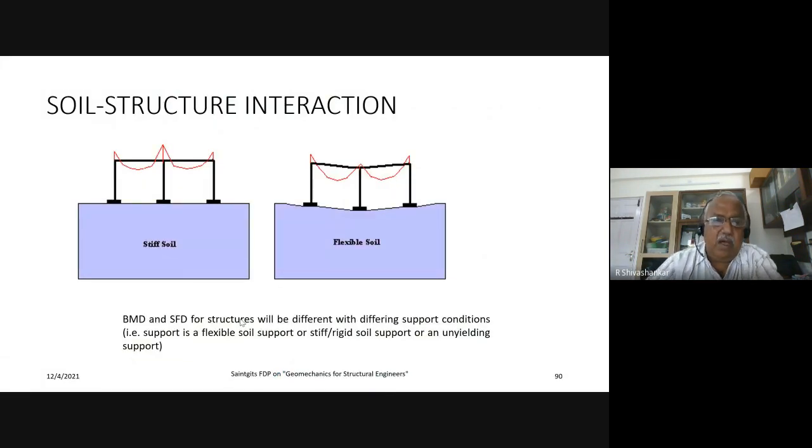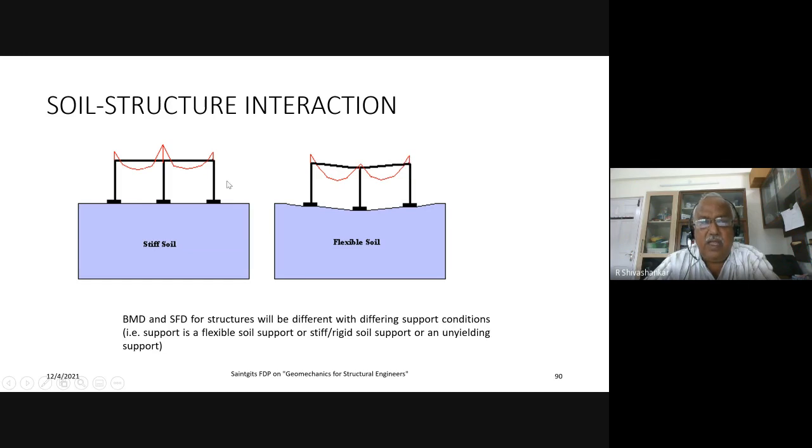So simply speaking, if I assume a stiff soil and a structure, the bending moment and shear force diagrams will look one way. This is as good as considering the base to be fixed, and you can forget the soil, right? But when the soil is flexible or sinking type, or it undergoes settlements, then the bending moment and shear force diagrams are different.